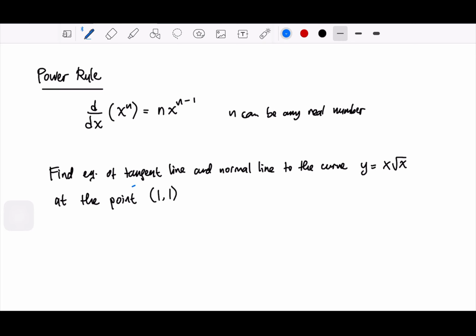So two questions: finding the tangent line and finding the normal line. Okay, just checking with you.